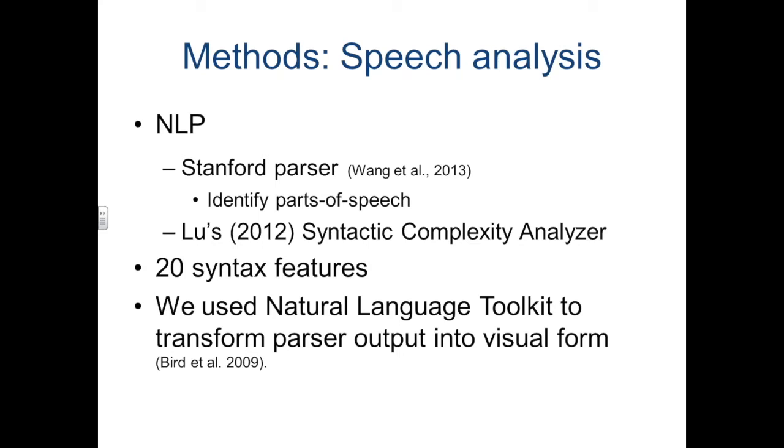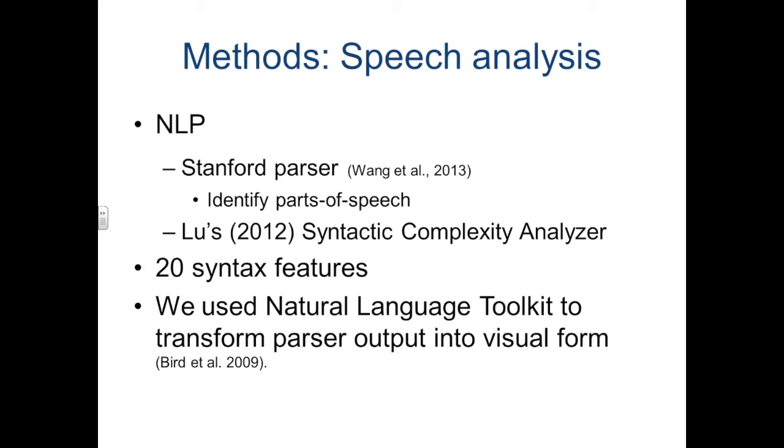And I'll show you some of these variables. But overall, for our behavioral variables, we used 20 syntax features that were derived from the use of this parser and the syntactic complexity analyzer that Lu has online. So that's from the data gathering or the data processing perspective.